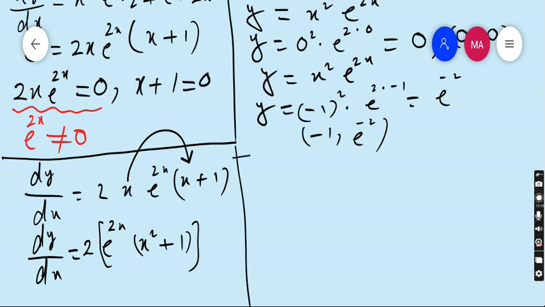Now find the second derivative. This time you have to use the u into v formula. u is e2x and v is x square plus x.